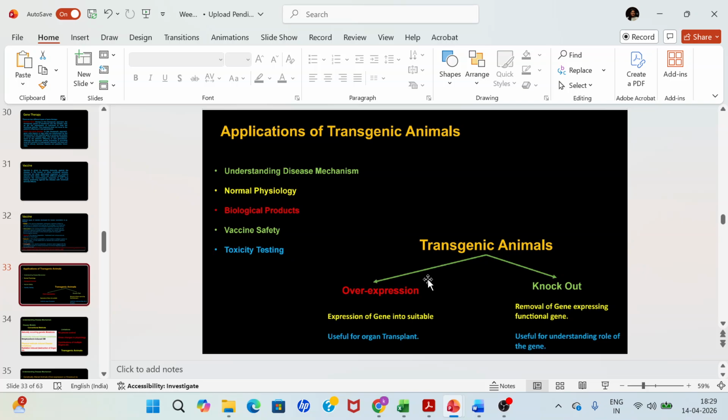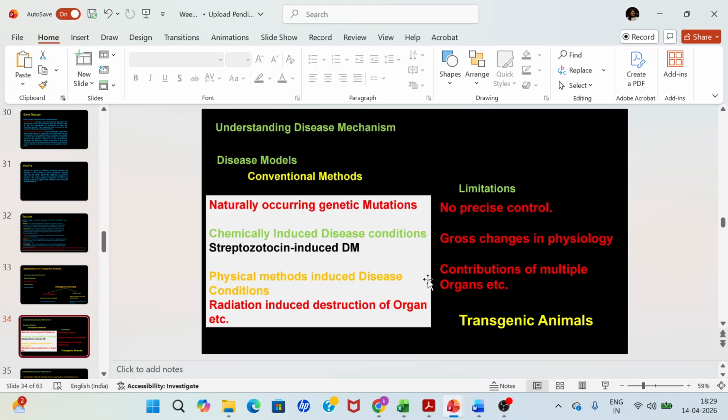Overexpression means expression of a gene into a suitable form used for organ transplant. Knockouts are the removal of a gene expressing the functional gene, useful for understanding the role of that particular gene. That means what will be the changes inside the animal in the absence of that gene.